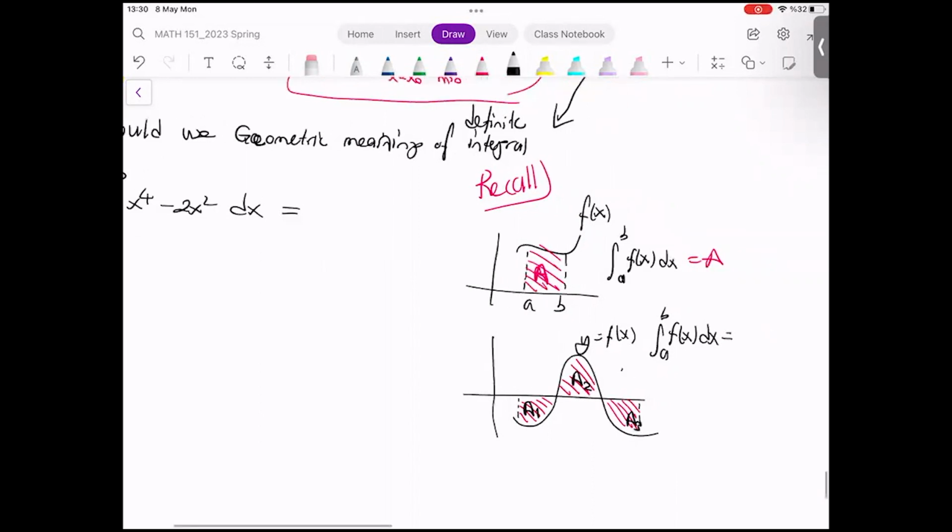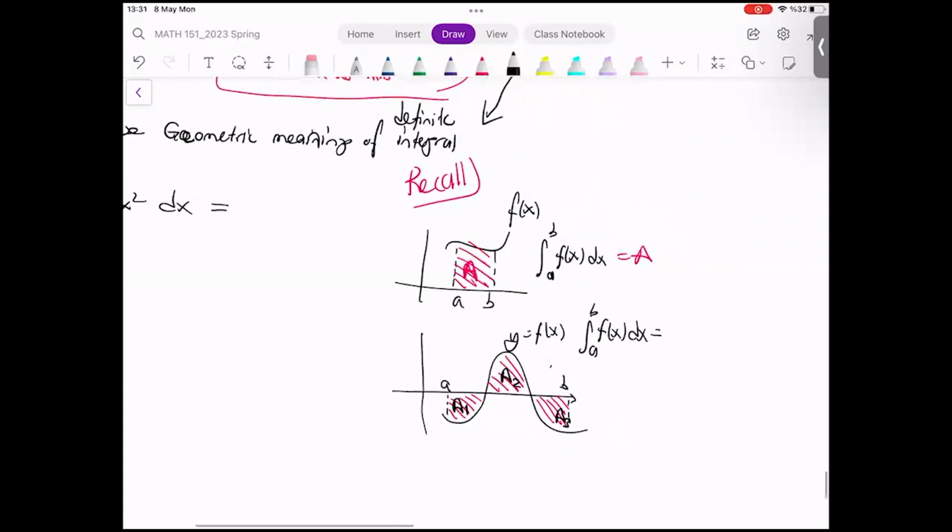How do you relate in this case the definite integral of your function and the areas under the curve? So negative parts will contribute negatively to your integral, okay? Meaning that, this is the negative part of your function. That's why I need to put an extra minus sign in front of the area.